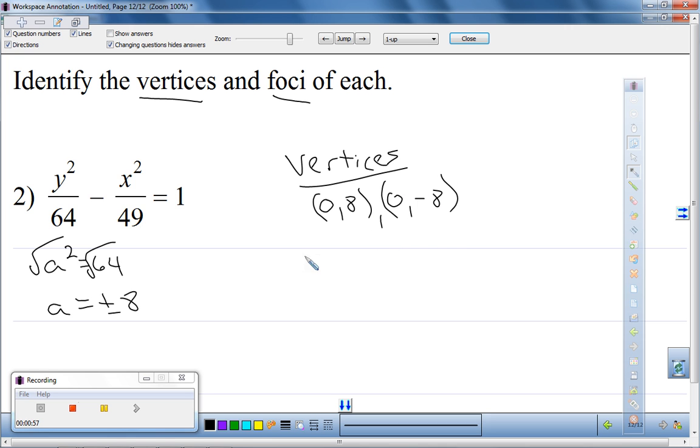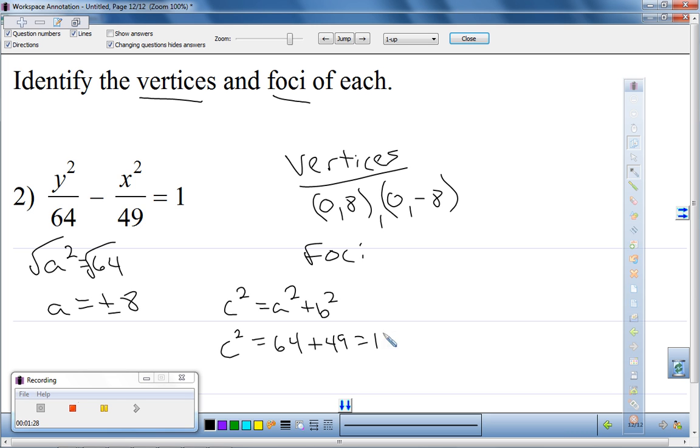And then our foci we'll find by adding 64 and 49. So when we add 64 and 49, we end up with 113. So c squared is equal to 113.